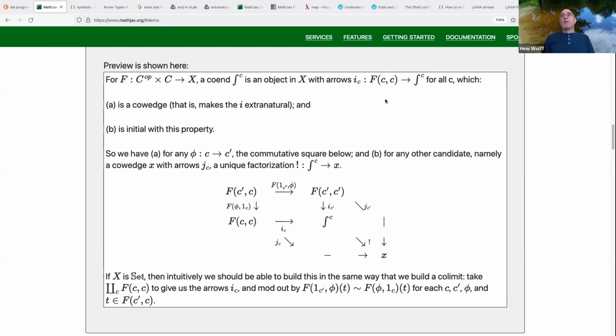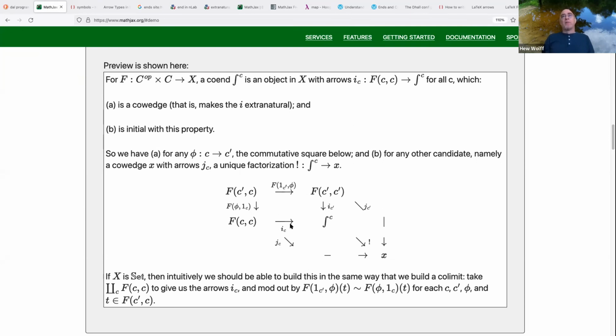So if you have something of this form where you have a whole bunch of arrows from f of cc to some object, then this square looks a lot like the square for a natural transformation, but it's different.